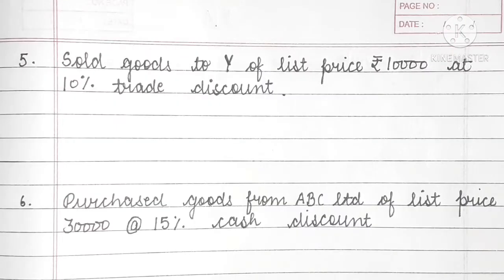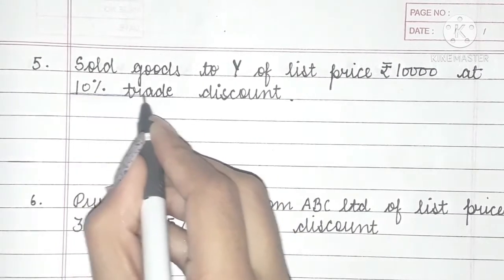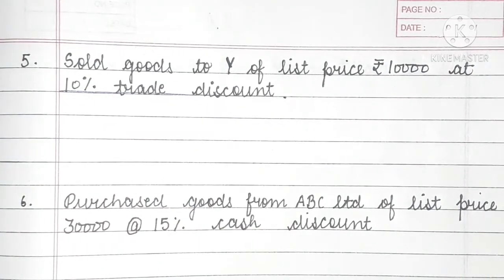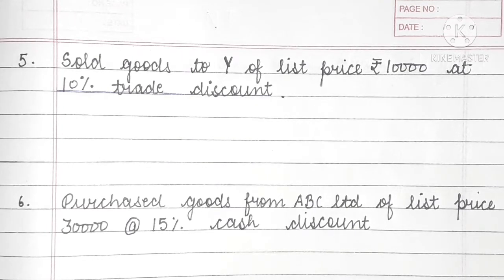The first entry for today is sold goods to Y of list price rupees 10,000 at 10% trade discount. So here we have a 10% trade discount, and in the case of trade discount, as we have studied, no separate entry is shown.